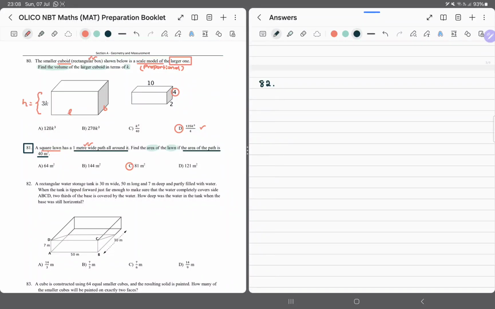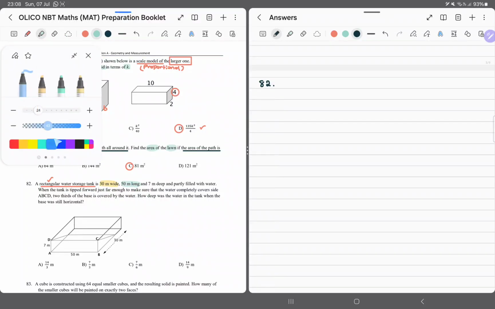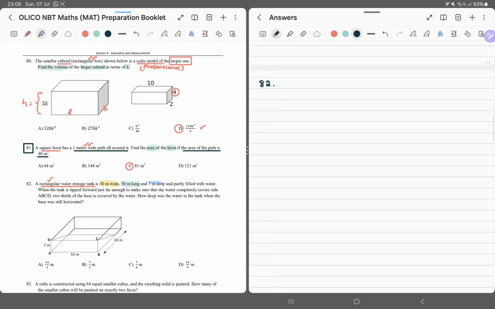So now question 82 says, a rectangular water storage tank, it is a rectangular, is 30 meters wide, right? And it's 50 meters long, that's the length, and it has a depth of 7 meters.